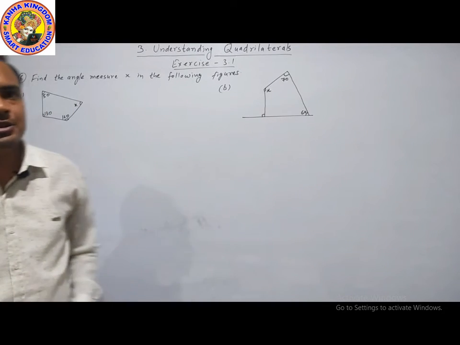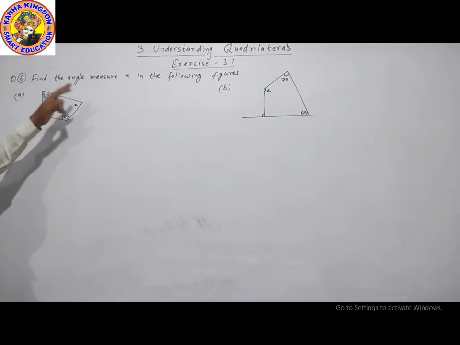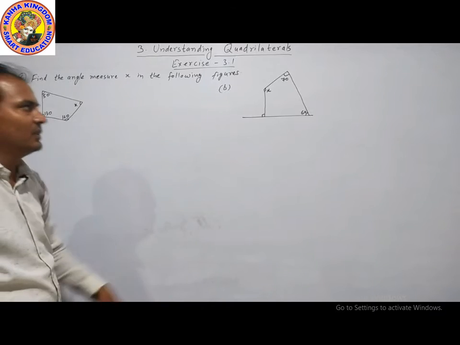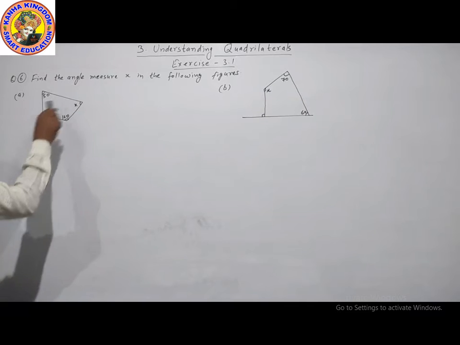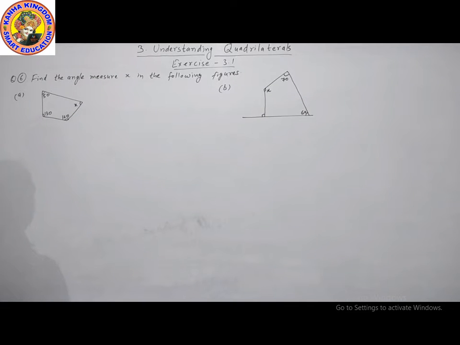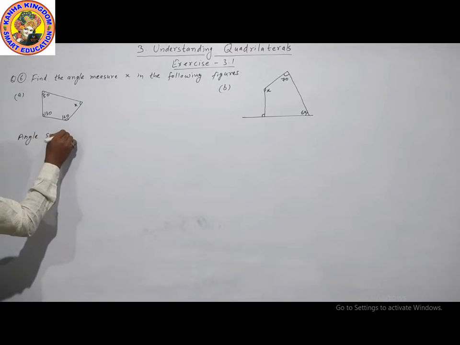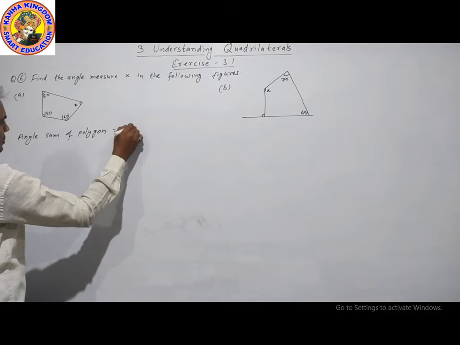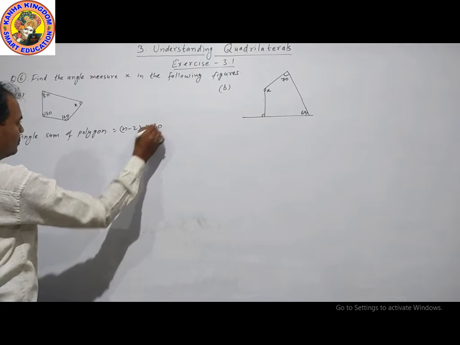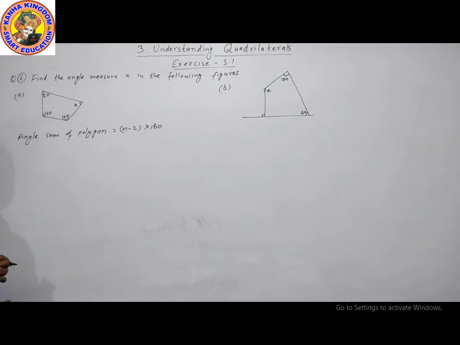Now our next question is question number 6. Find the angle x in the following figure. Find the value of x. This is our quadrilateral. The angle sum of a quadrilateral is 360. The angle sum of a polygon is equal to (n minus 2) into 180, n is the number of sides.